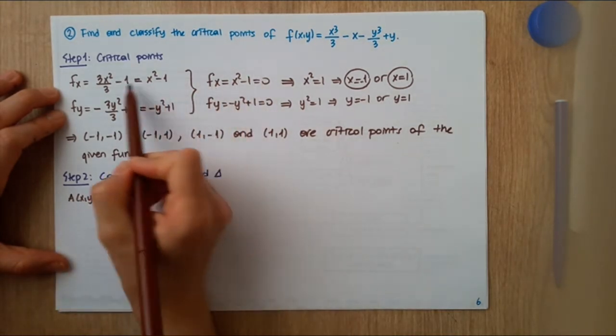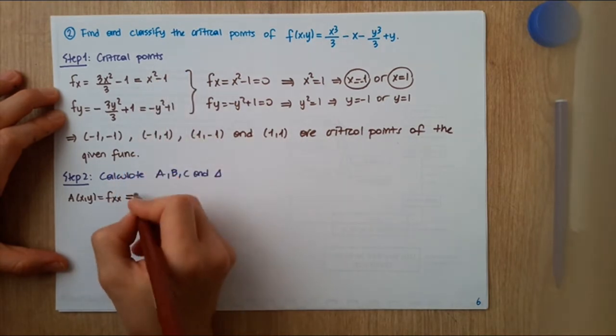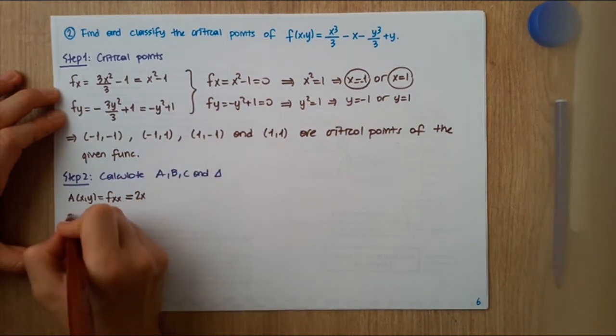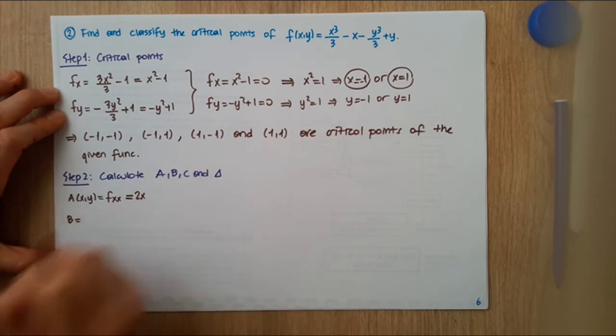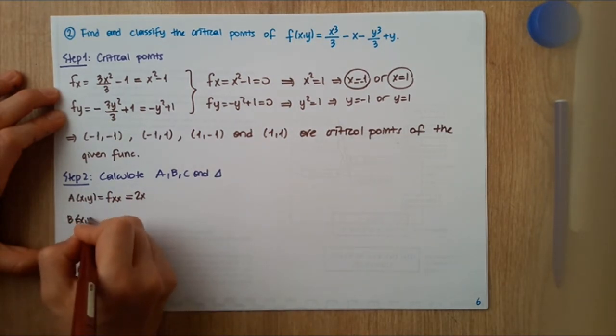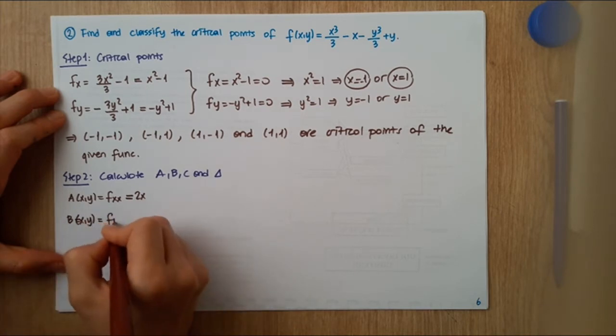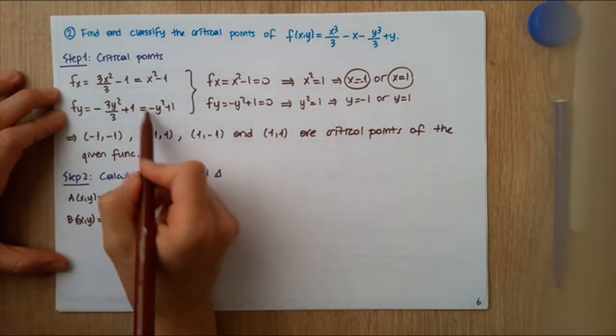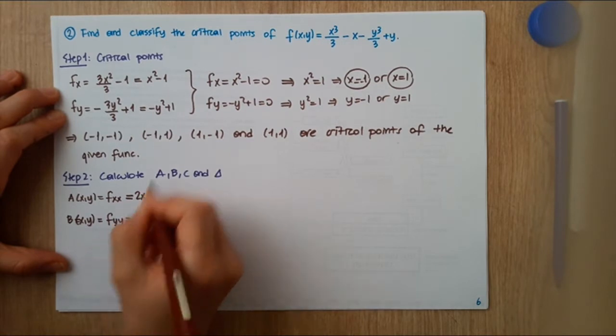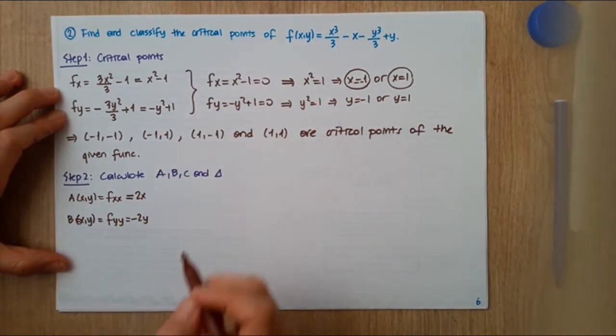To do this, it's enough to differentiate this function's derivative, which is 2x. B(x,y) is the second partial derivative with respect to y, so it is enough to calculate the second derivative with respect to y of this function, which is minus 2y.